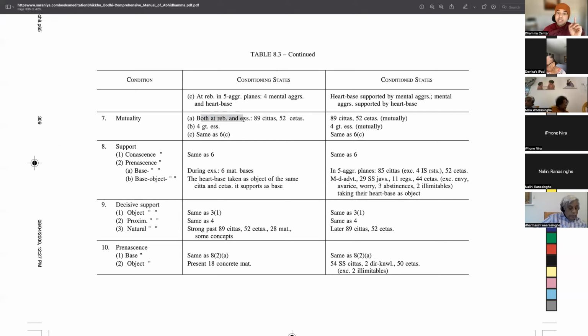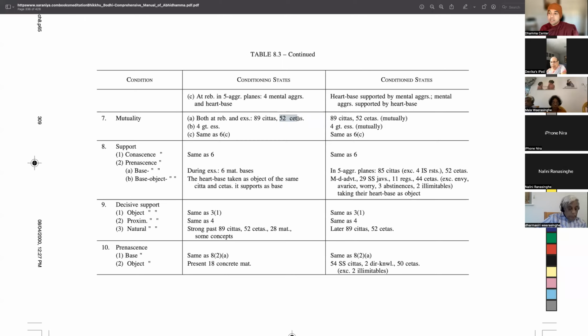So 7a, association condition. What is that? Both at rebirth and existence, 89 chittas and 52 chetasikas. Conditioned by the 89 chittas and 52 chetasikas, arise 89 chittas and 52 chetasikas, mutually conditioning one another. What does that mean?